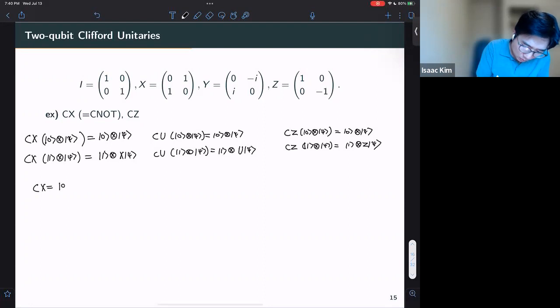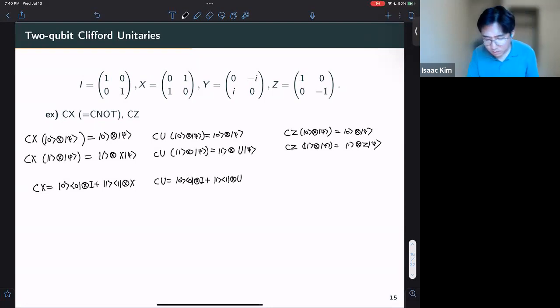So CX would be something like this. And more generally, CU would be, I guess it should be obvious, but just write it down, CZ. Yeah, so this would be the form.